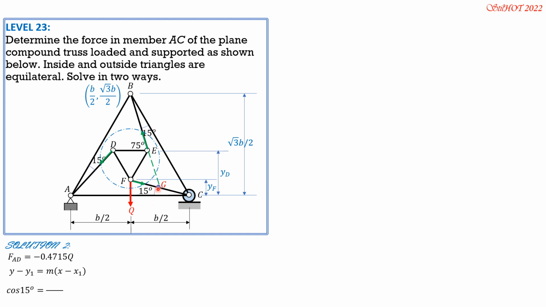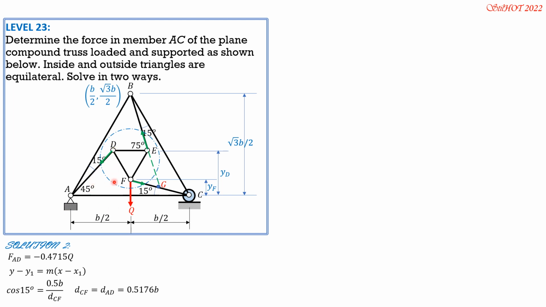So from this right triangle, cosine of 15 degrees is B over 2 over distance CF, where distance CF is also distance AD. So distance CF equals distance AD equals 0.5176 of B. So knowing that this is 0.5176 of B and this angle is 45 degrees, then we can now solve YD, which is equal to XD because the angle is 45.